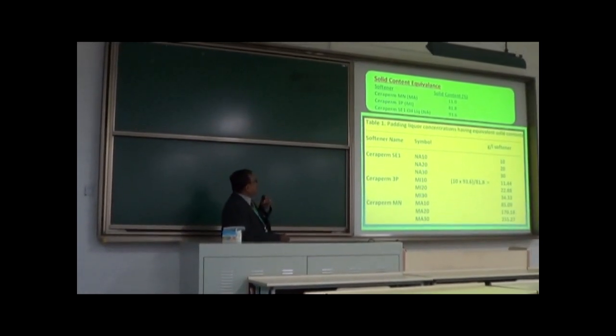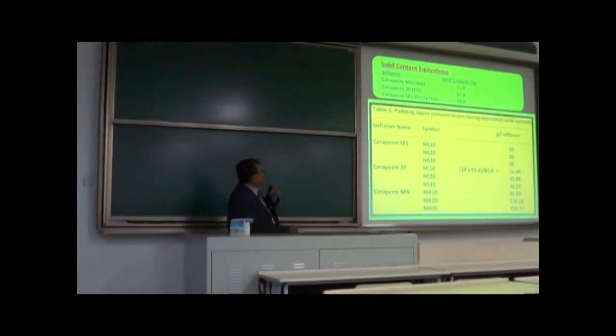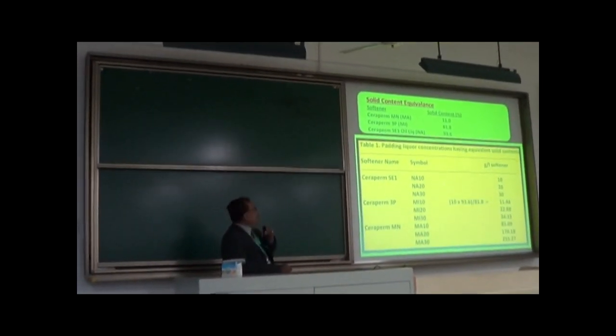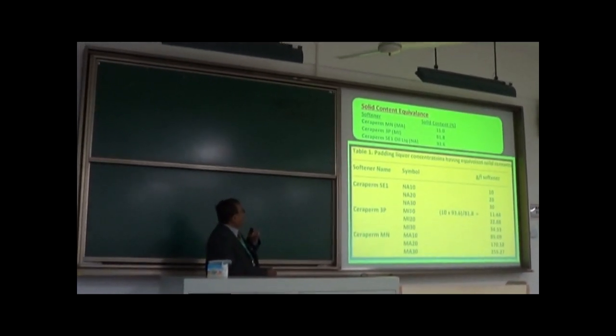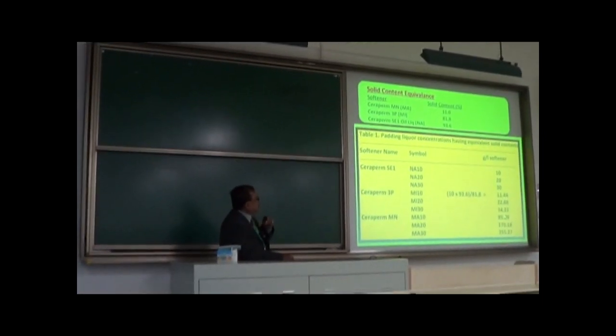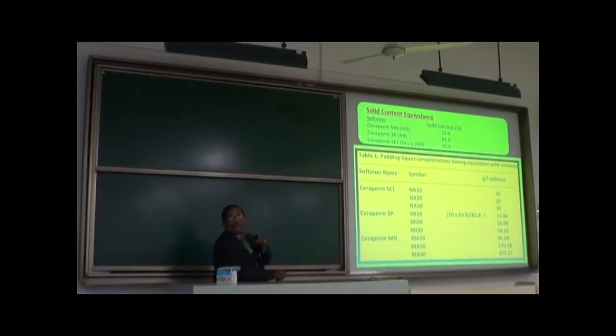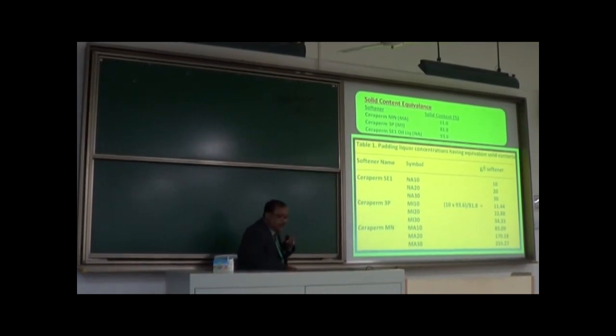These are the symbols: Na10 is equivalent to Mi10 and Ma10, like that. And these are the exact solid contents calculated for the three.